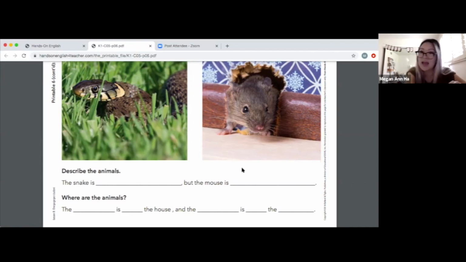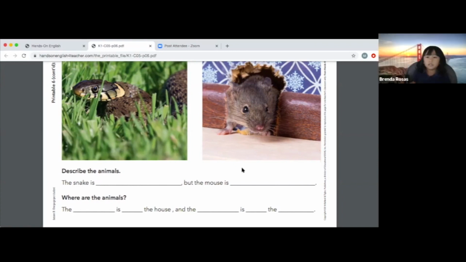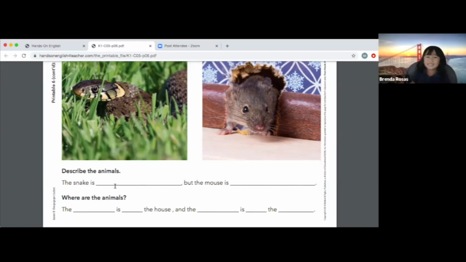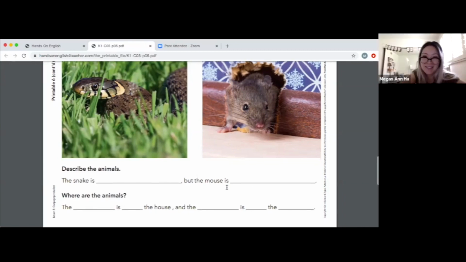Can you tell me heavy and light? Heavy and light. Which one do you think is heavy? The rattan. You think a little mouse is heavy? The snake is heavy. The rattan is light. Yes, but the mouse is light.